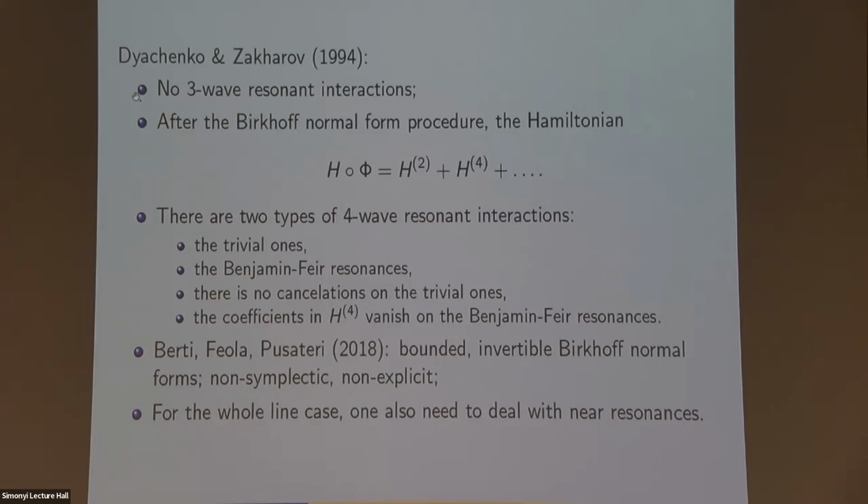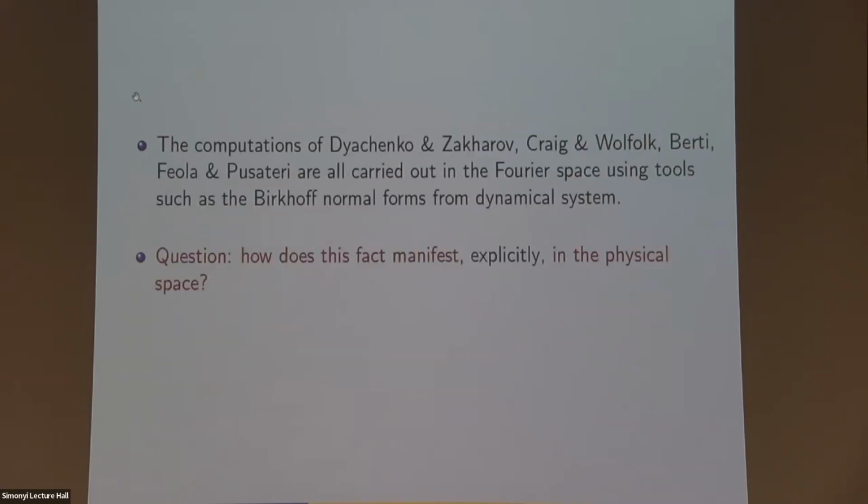Then by some uniqueness argument, they say that our result is the same: there are no Benjamin-Feir resonances, and we can prove that for data of size epsilon, the solution exists for time epsilon to the -3. But their method won't work for the whole line case because you also have to deal with near resonances.